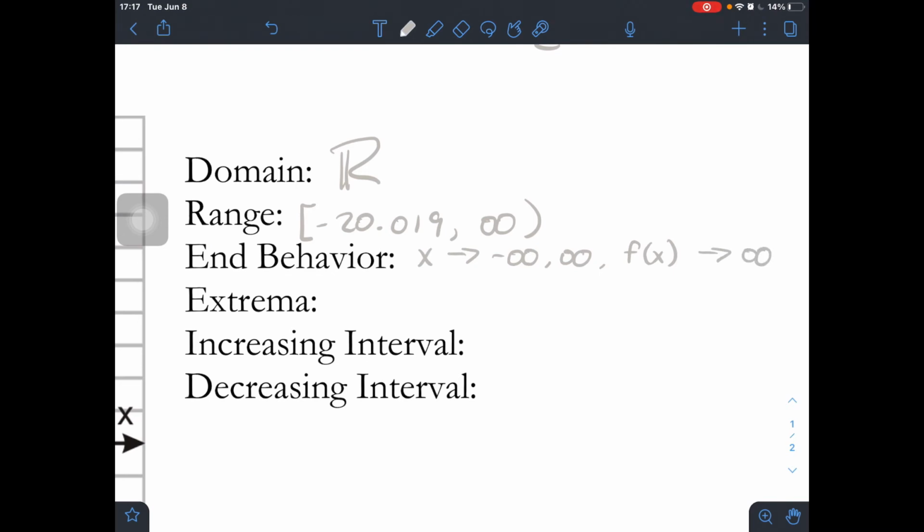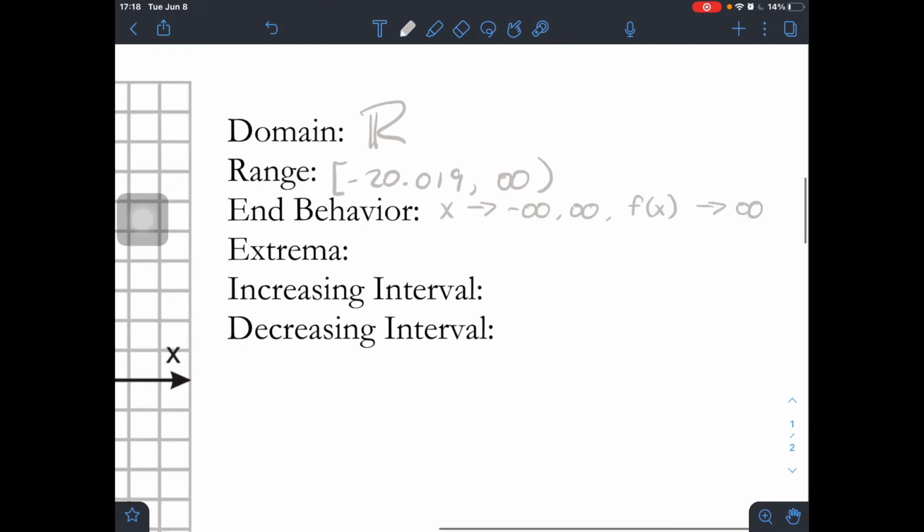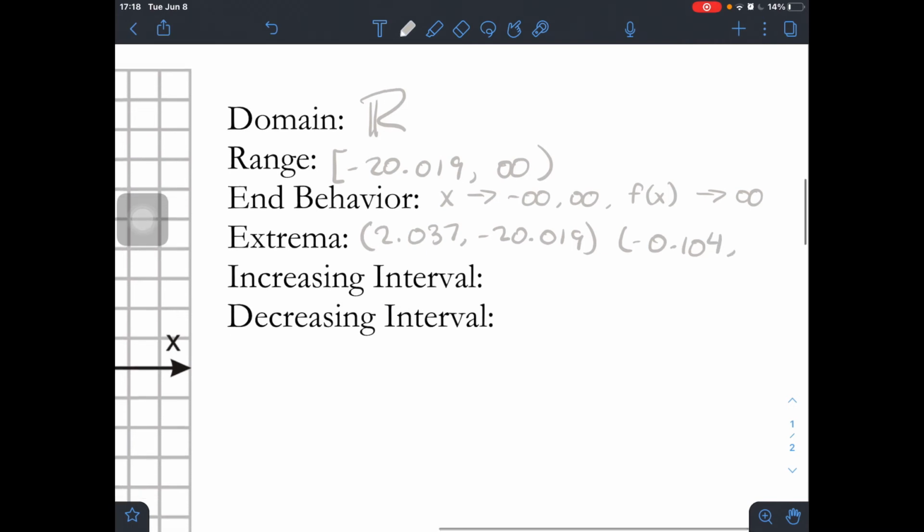Now our extrema, we have an absolute extrema at, I'll just give the entire coordinates, roughly 2.037 and -20.019. And then we have not an absolute extrema, but a point where the sign changes, and that is roughly -0.104 and -5.949.